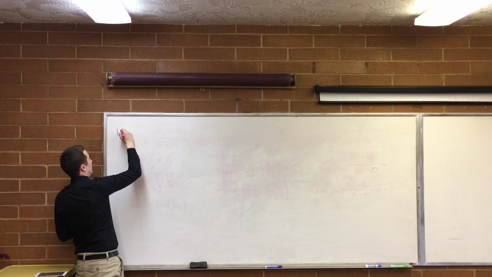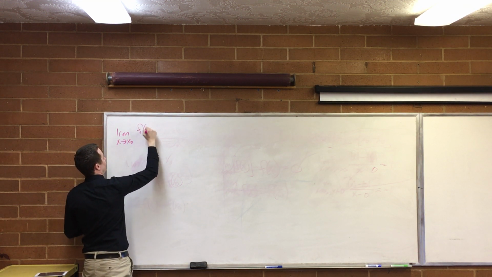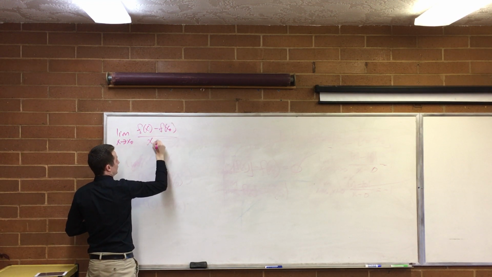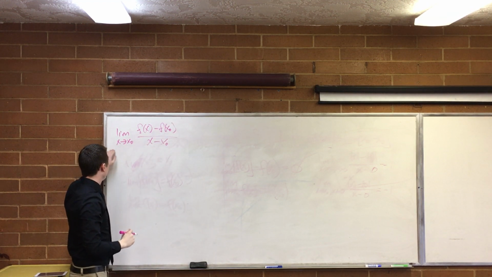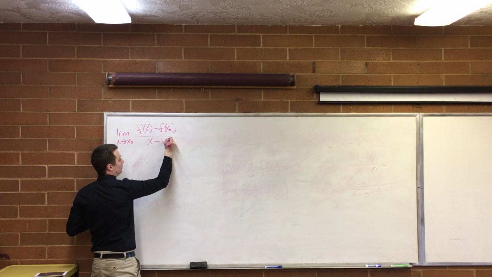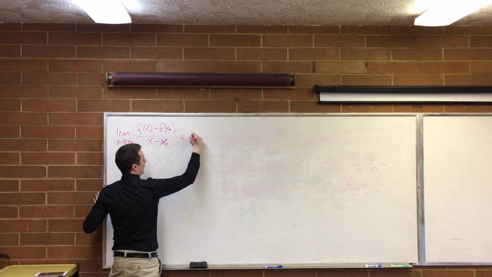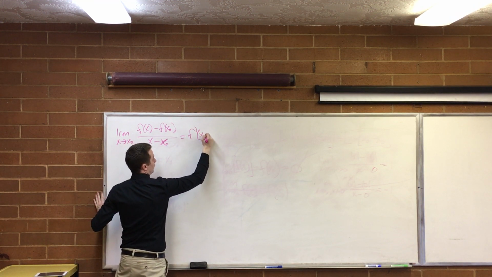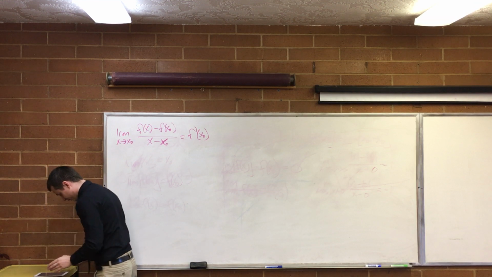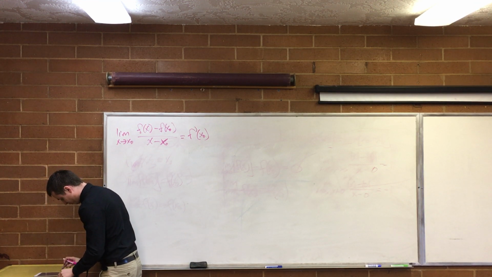The derivative is the limit as x approaches x naught of f of x minus f of x naught over x minus x naught. So this is the derivative of f of x at a point x naught. This is the same thing as f prime of x naught. Good with that? So some of the examples that we finished with last time, let's redo them real quick.